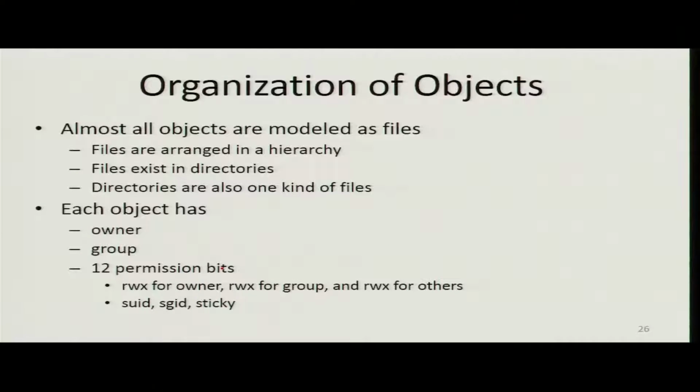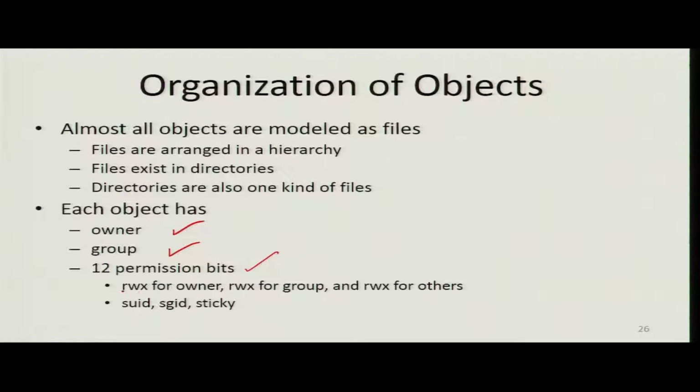In Unix, almost all objects are modeled as files. Directories are files, files are arranged in a hierarchy of directories, and so on. Each object has an owner, a group associated with the object, and 12 permission bits. What are the 12 permission bits?